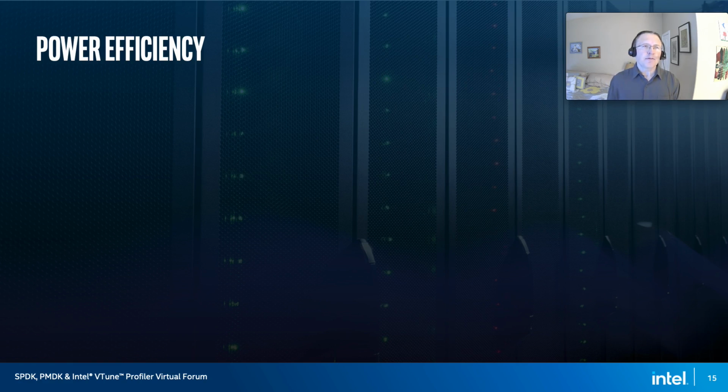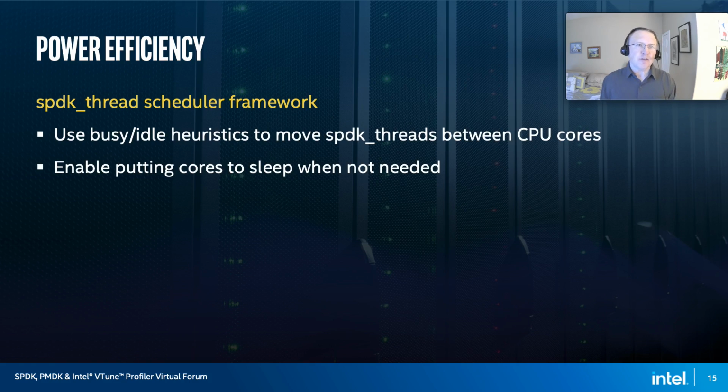Okay, and then finally, power efficiency. So I touched on this a little bit earlier. In this last release, Maciek Szwed, this was another thing that he worked extensively on with Ben Walker and myself, is a scheduler framework for these SPDK threads. So in SPDK, we have a bunch of SPDK threads that the different modules and libraries will create.